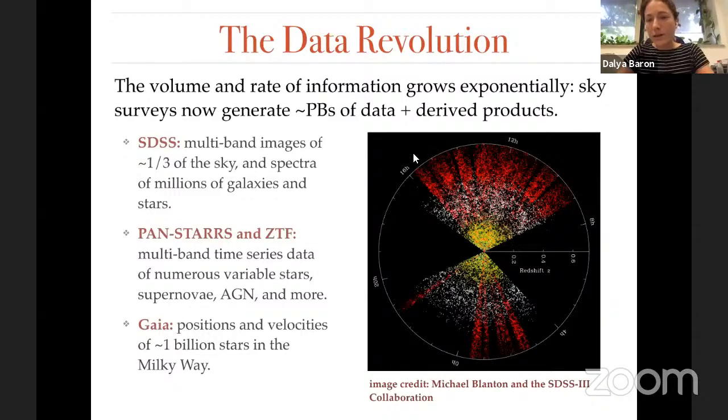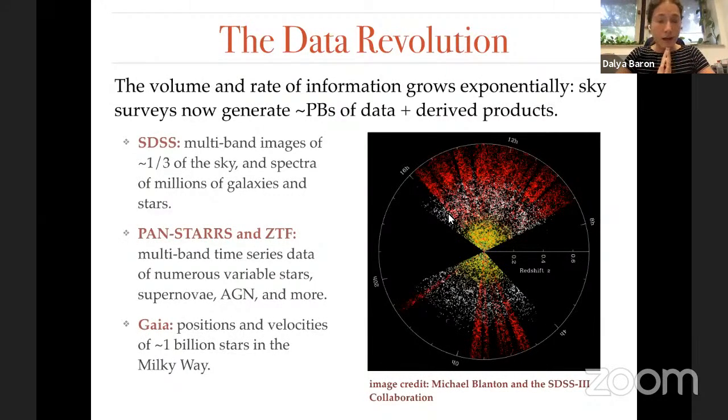You can see here a diagram showing the galaxies within the SDSS footprint. We're sitting here in the middle, and every point here in this diagram is a galaxy, and it has a spectrum, which we now have as well. So imagine all the things we could learn from a single galaxy spectrum. Now we have millions of them lying in our databases.